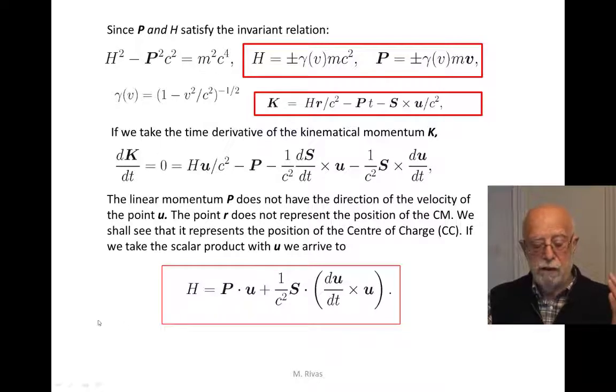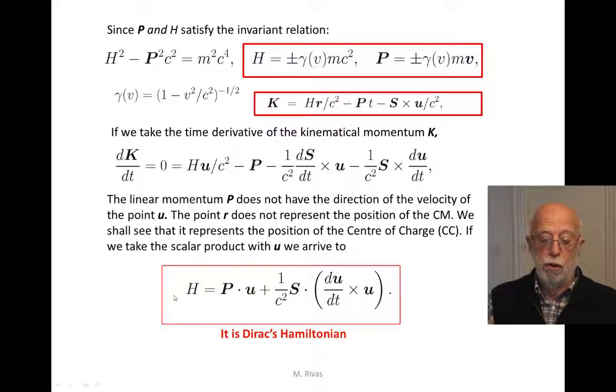Now we have a linear relationship between the energy and the linear momentum. This expression, when quantizing the system, is going to be transformed into Dirac's Hamiltonian. This is the expression of Dirac's equation from the classical point of view, because when we quantize this system, H will be replaced by the operator, ħ times the time derivative operator.